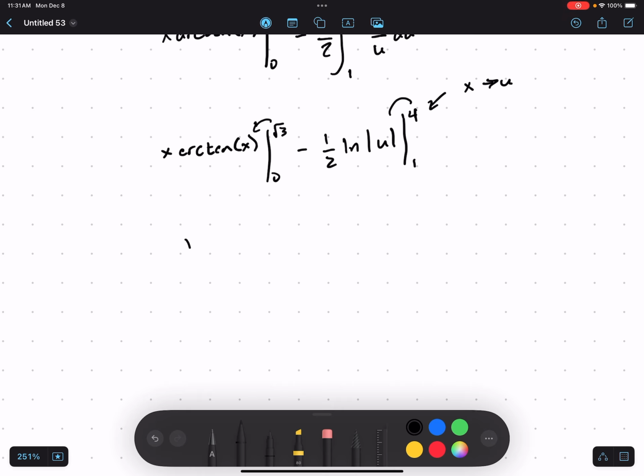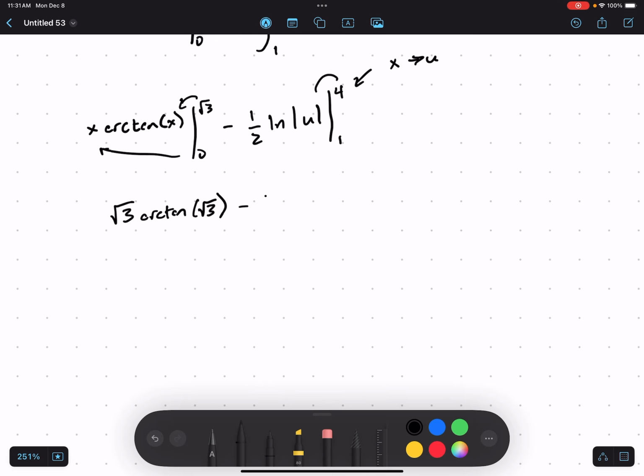So we've got square root 3 arctan square root 3 minus 0 for this x here. That'd be 0, so that's just going to null and void the remainder of it because it'd be multiplying by 0. So we'll just get rid of that.